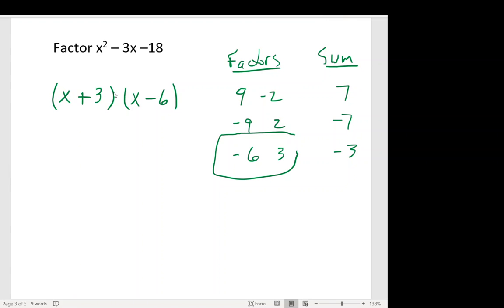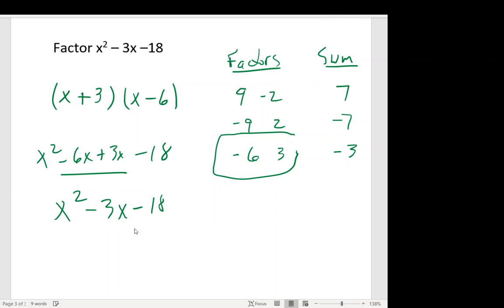Distribute the x. x times x gives you x squared. x times the minus 6 gives you minus 6x, and then distribute the 3. 3 times x gives you 3x. 3 times negative 6 gives you negative 18, and then when you combine those, that gives you x squared minus 3x minus 18, which matches what you're supposed to have there. So you know then that this is the correct factorization of that polynomial.